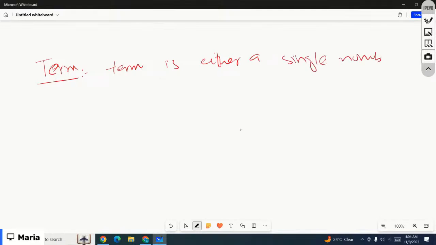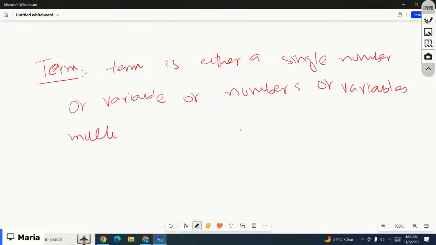Okay, the first one is we're going to see what is a term, right? So what is a term? A term is either a single number or variable, or numbers or variables multiplied together, right?